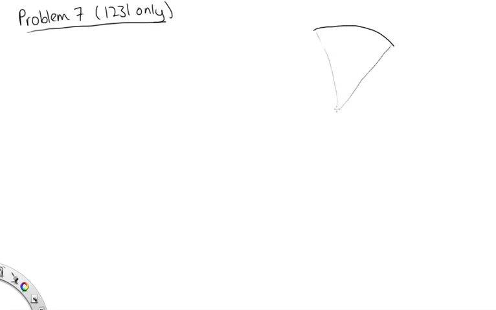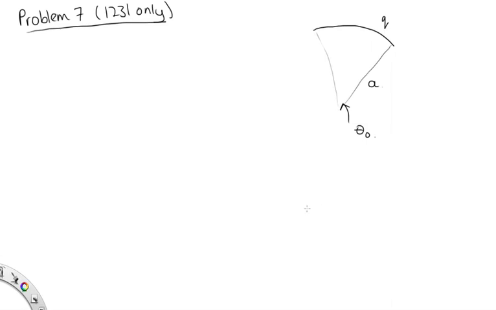Okay, problem 7, which again is 1, 2, 3, 1 only. In this problem, we're given an arc. It subtends a total angle theta naught. So that angle in there is theta naught. It has a radius a and it has a charge Q spread along it.